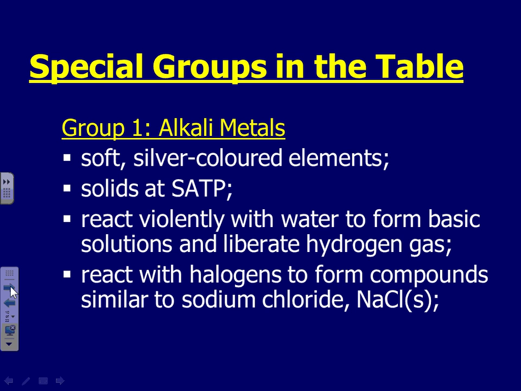So you put the metal in water, it doesn't hang around, it's not like a piece of gold that would just fall into the water. This reacts with the water violently, it produces a basic solution and makes hydrogen gas. And they tend to react with the halogens, that's our group 17 across the way, to make compounds like sodium chloride. They match together perfectly 1-to-1.